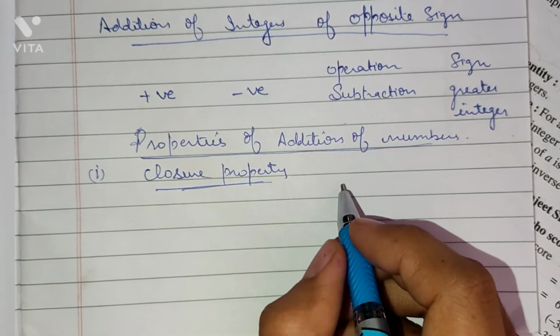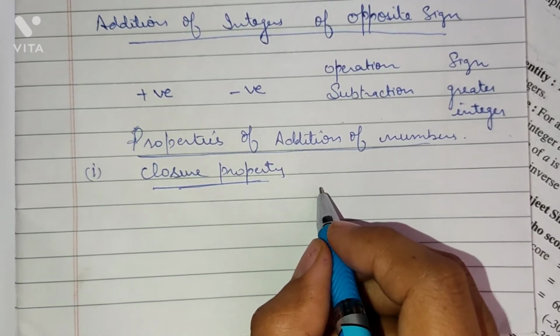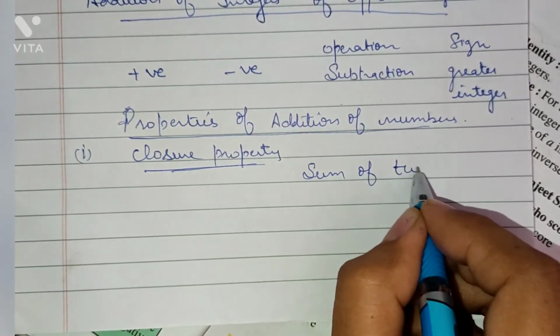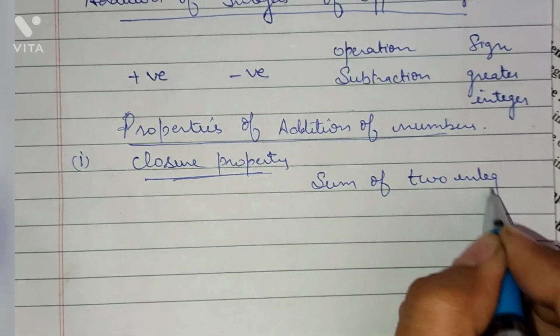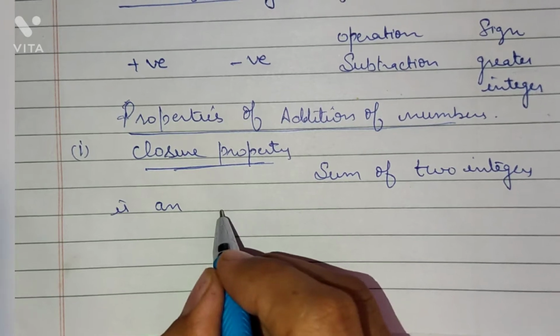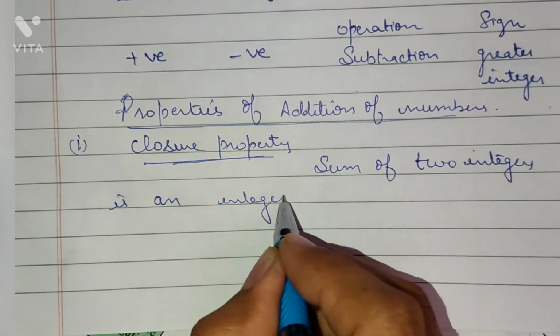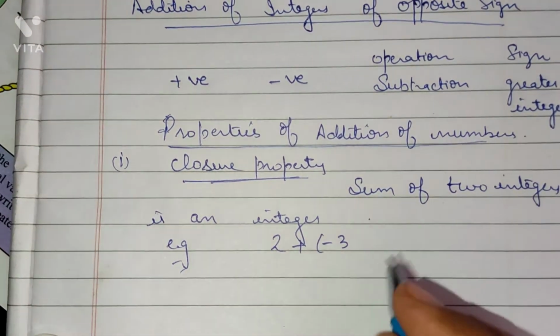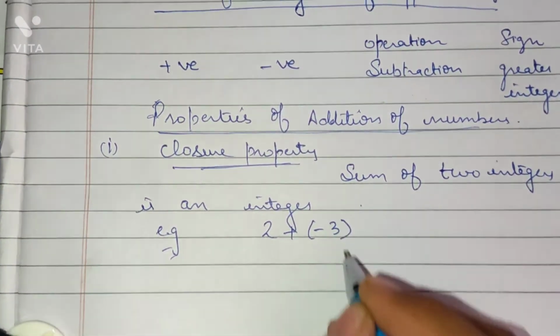According to this property, if we add any two integers, we will get an integer as an answer. Means if we are adding two integers, the result would also be an integer.